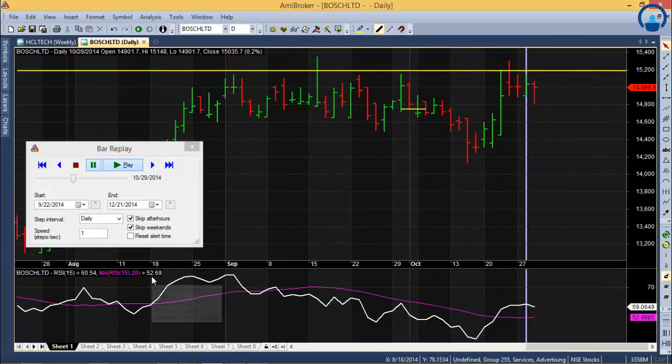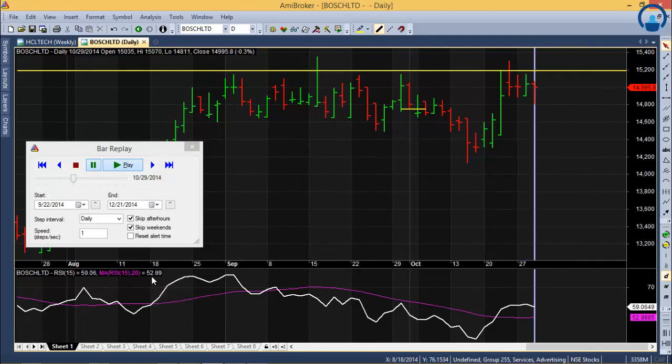You can see here 52.69, 52.99, 52.99, which means the moving average has turned towards the upside, suggesting that prices have now started to trend in the upward direction.